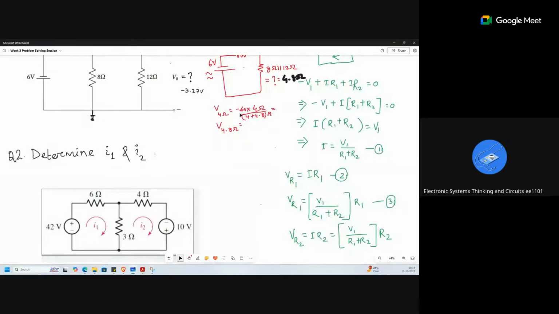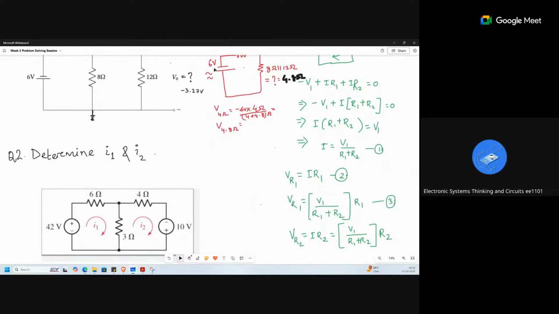See, again I am saying, the voltage I am finding across resistor 1 is nothing but the total voltage multiplied with the resistance value of resistor 1 divided by total resistance. Similarly, I am finding the voltage across 4 ohm. Total voltage is minus 6 volt because this is a minus 6 volt source. The shorter line of the battery means this is minus 6 volt.